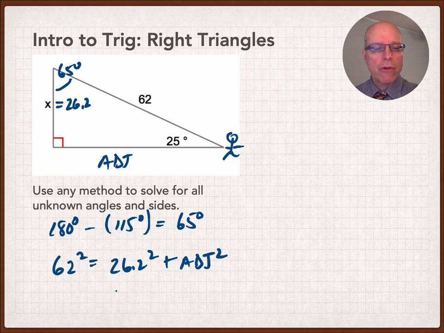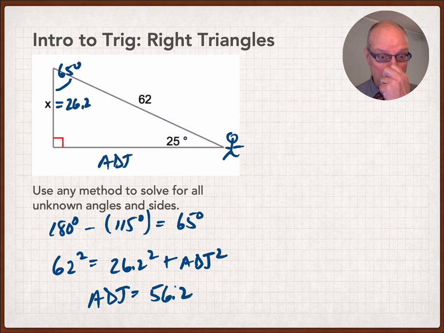When we solve for all that, we get the adjacent equals 56.2. On your own calculator, I want you to go ahead and prove that to yourself and see if that works out. But those are enough basics: trig functions going forward, trig functions going backwards, and Pythagorean theorem.